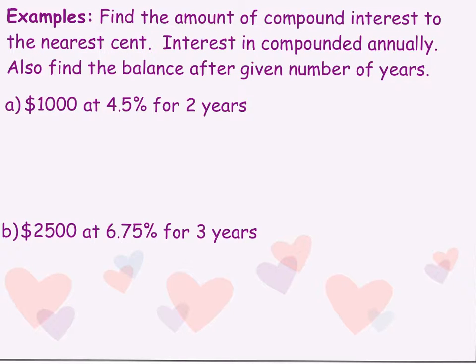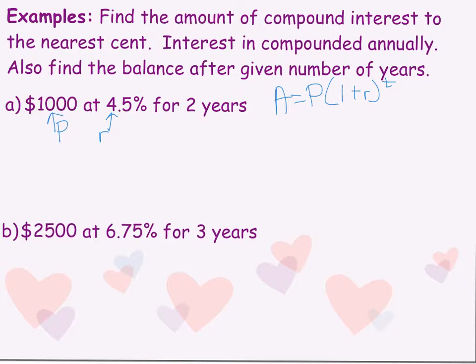So our formula, again, is A equals P times (1 plus R) to the power of T. Looking at our first example, 1,000, that's our principal, that's how much money we're putting in there. 4.5% is our rate.